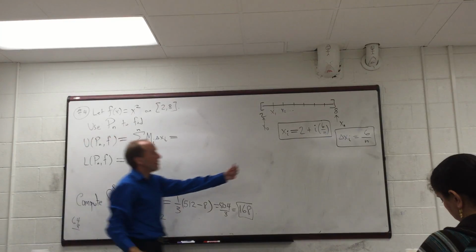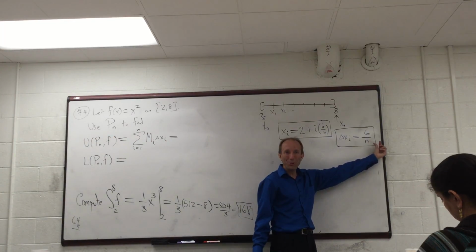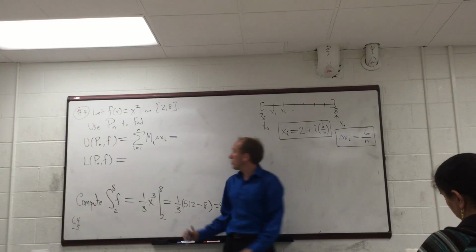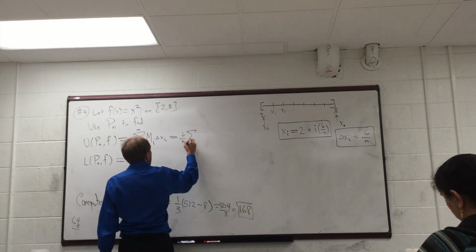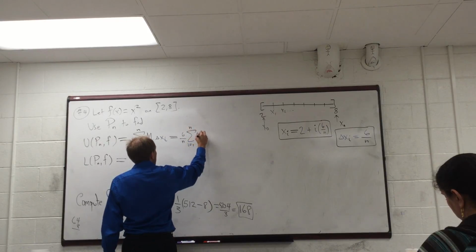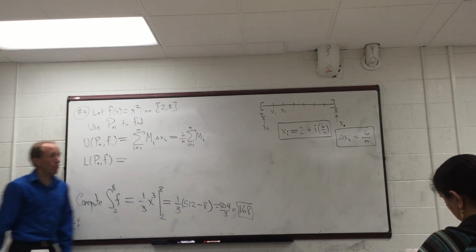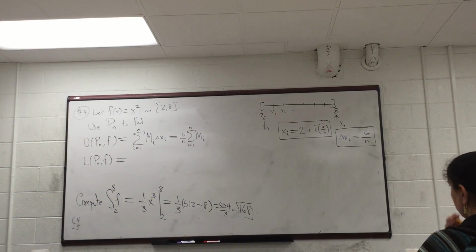I know that all of my delta xi's are equal to 6 over n. So I can actually pull that out, and then I'm simply going to sum up the big Mi values from 1 to n. So far so good?